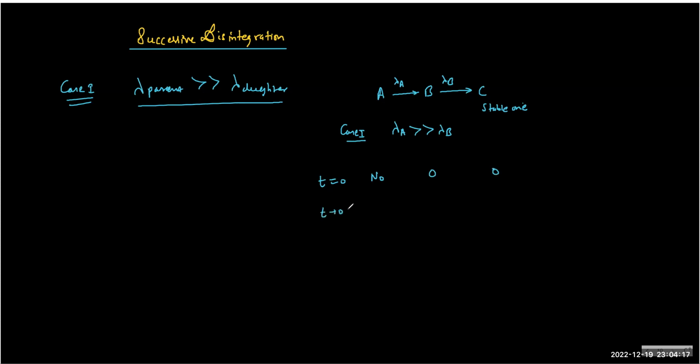At t tends to 0 plus, can you guess what will happen? A becomes 0. B is unknown, it is 0 plus. The day you are born, it's over. Do you realize what I'm writing here? Yes, sir. And then at any time t, it is simple. N naught.